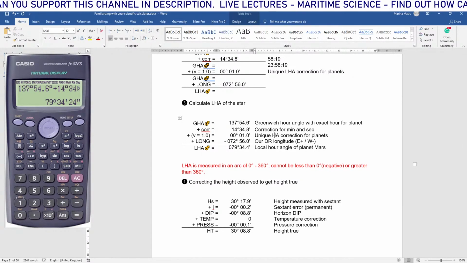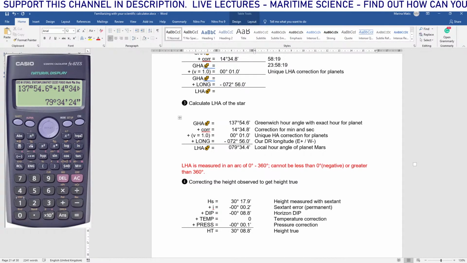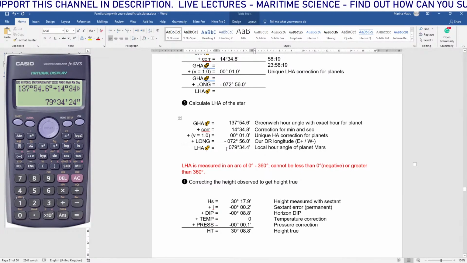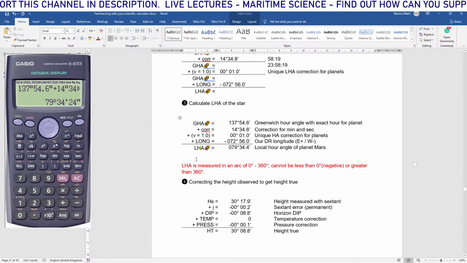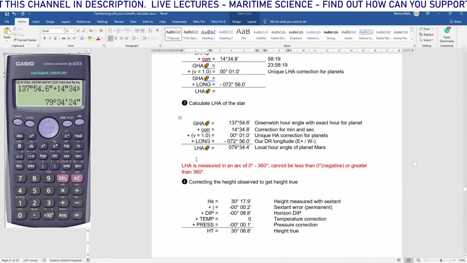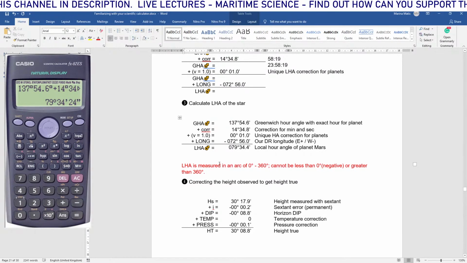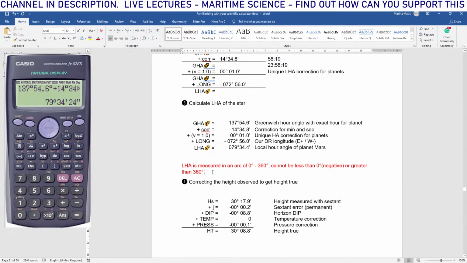It doesn't matter, or maybe it's better. It has a unique hour angle correction for planets, and the result is LHA. The same rule applies for everyone. LHA is measured in arc of 0 to 360. It cannot be less than 0 or greater than 360.